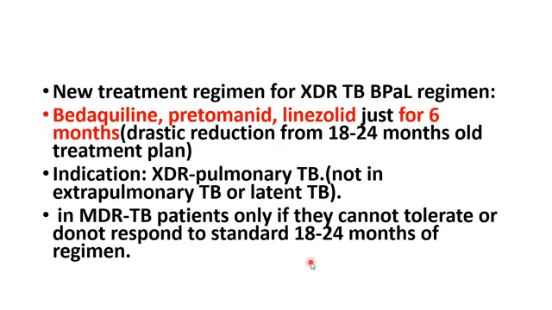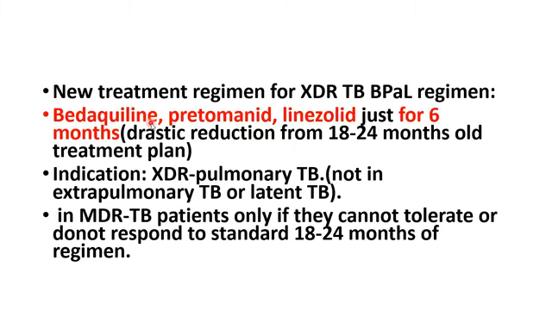So nowadays there is a new treatment for XDR tuberculosis. What is that? Instead of giving 24 months, we have to give for only 6 months. These three drugs. Okay, remember that BPL, below poverty line. So bedaquiline and pretomanid and linezolid. BPL, bedaquiline, pretomanid and linezolid, just for 6 months.